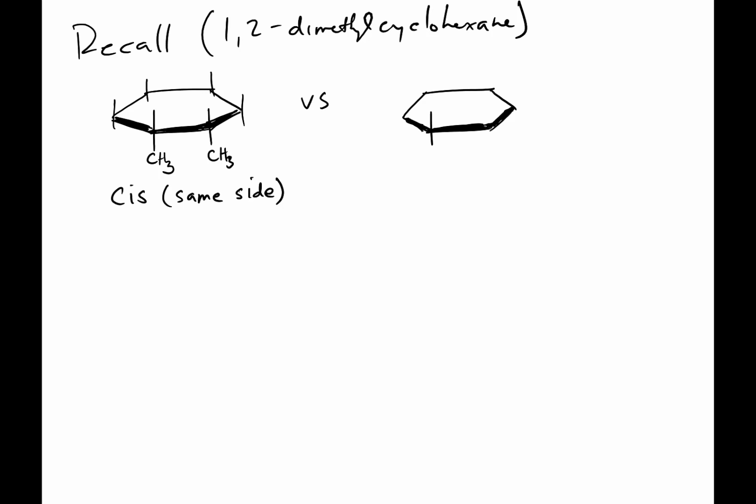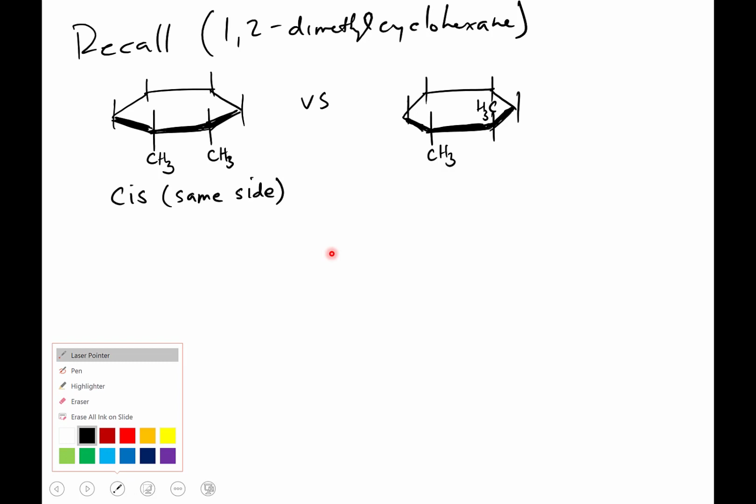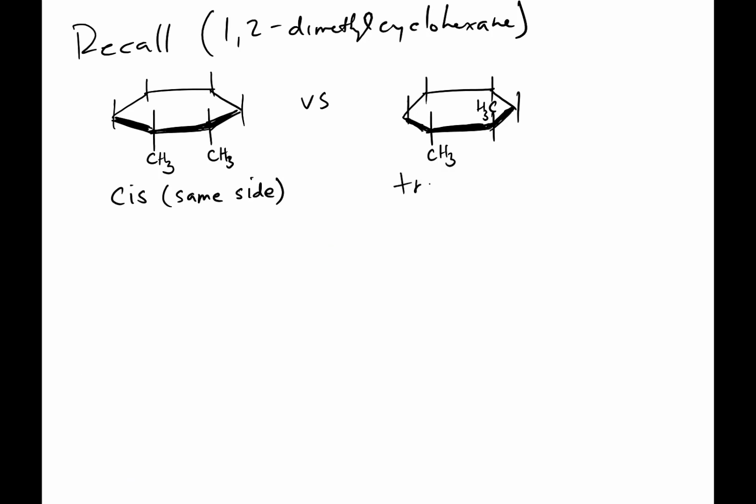By contrast, if one of those CH3 groups is below and the other is above, it could be this methyl above and this methyl below, same idea, because if we flip this over we get the same thing. This is what we learned last time as a trans arrangement. So cis versus trans in ring systems.